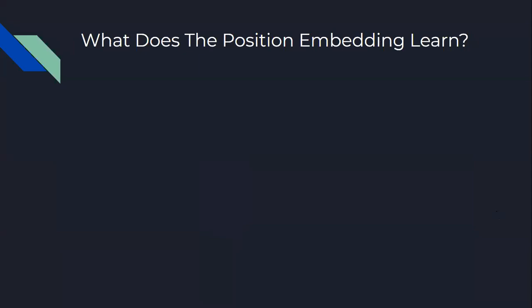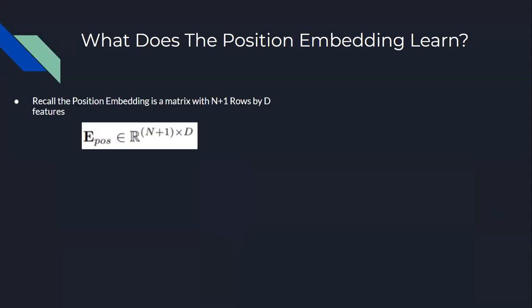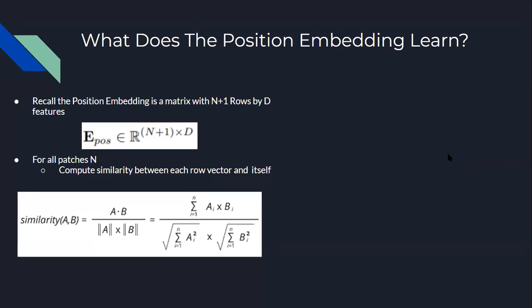And then what does the position embedding learn? So we have that other matrix, E position, and we can look at all patches N and compute the similarity between the rows of E with themselves and all of the other rows.